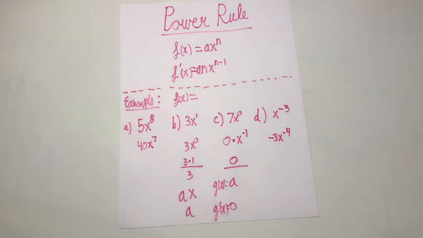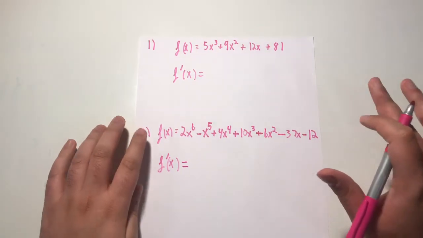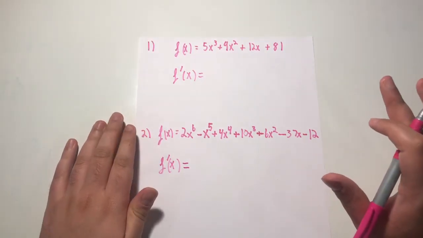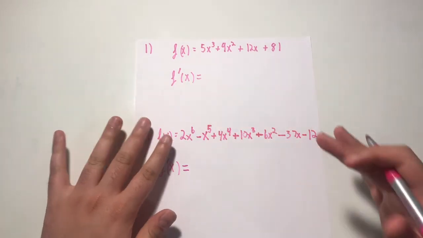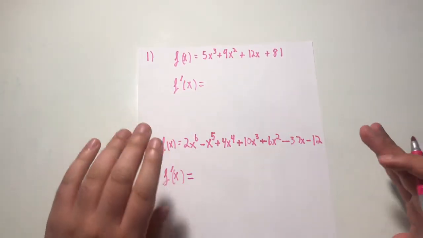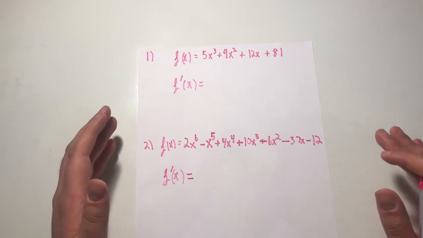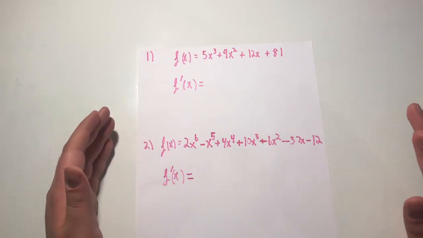Okay, now let's look at some more complicated examples. These next two examples are pretty common forms to be asked to take the derivative of, something like this polynomial. What really helps us out is the specific rule with derivatives.